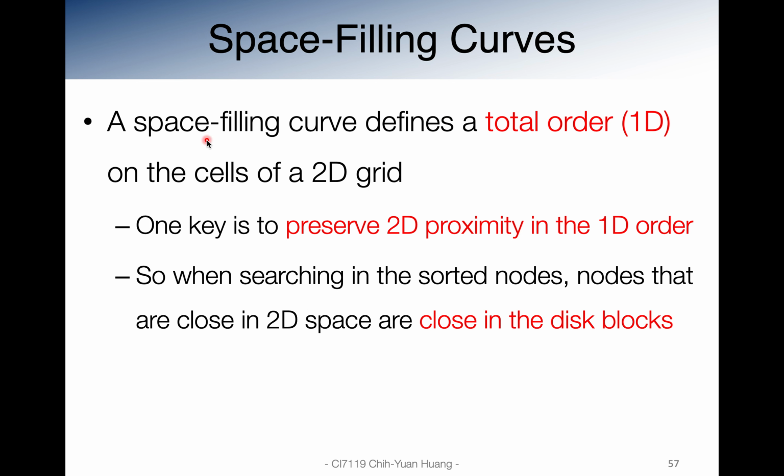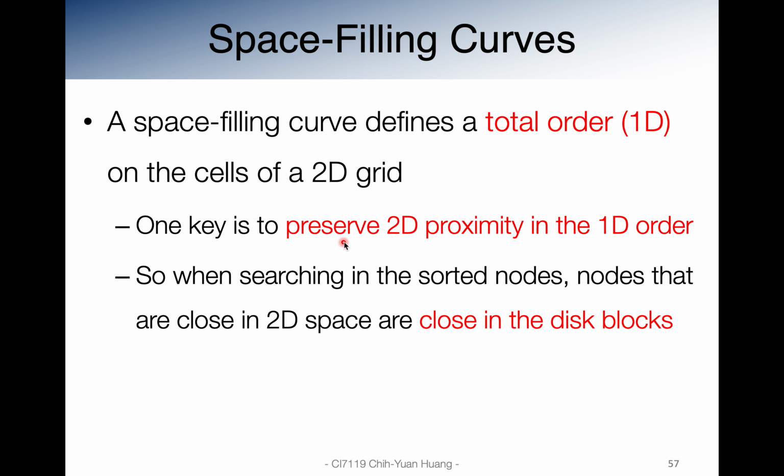Basically, a space filling curve defines a total order, or you can say a one-dimensional order, on the cells of the two-dimensional grid. So we have a two-dimensional grid, and we want to find a certain order on those two-dimensional cells.